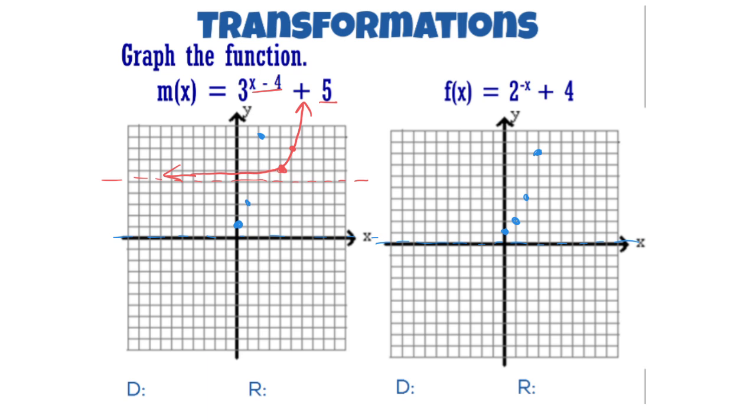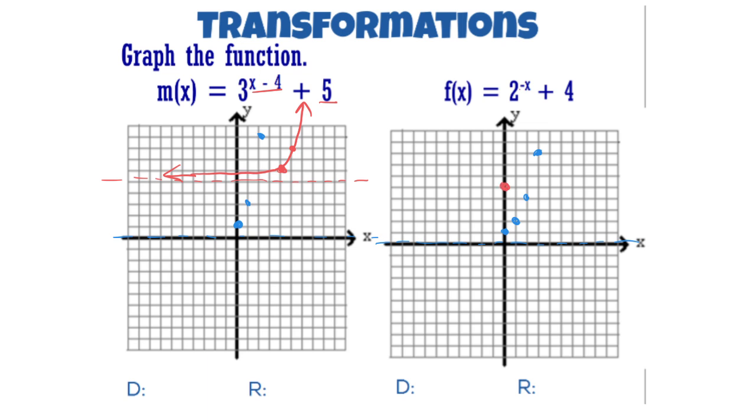Now, what do I do with all those points? Well, the negative up here is with the x, so it's a horizontal thing. It's going to reflect it horizontally, and then the plus 4 takes it up 4. So I'm taking this point right here, I'm going to reflect it horizontally, which doesn't do anything, but I'm going to take it up 4. So plot that point.